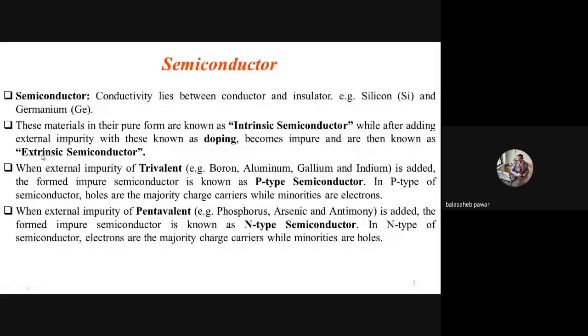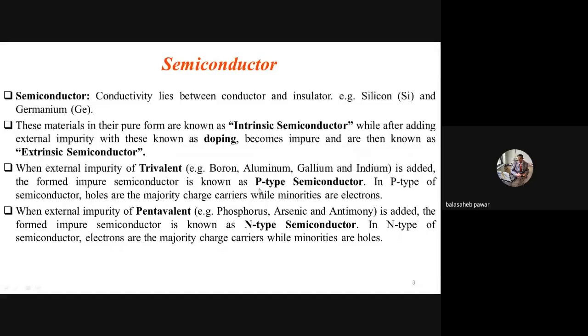Now, when the external impurity is trivalent, for example boron, aluminum, gallium, and indium, the semiconductor formed is known as p-type.